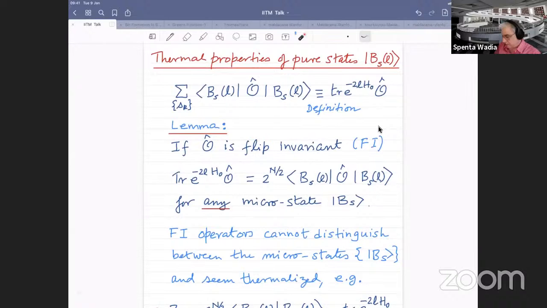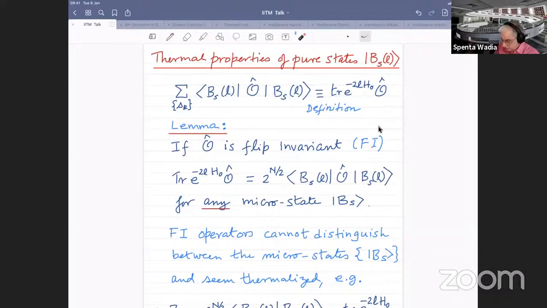If you want to compute the average value of some operator in this state, and you sum over all the spins, then clearly you are computing the trace. You can prove this from here to here. This is the thermal partition function. Now, it's incorrect to say it's a definition, sorry about that. The important point is that if this operator is flip invariant, then this summation over here really drops out, because the full orbit of the flip group is not important because of the flip symmetry.